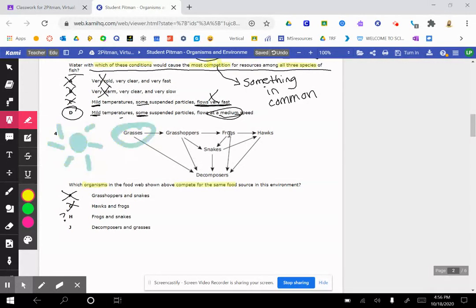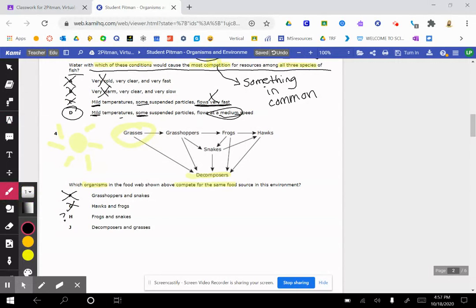Decomposers are breaking down all of these living things once they die, because that's what decomposers do. They break down dead organisms and organic matter for their energy. So because they are not getting energy from the sun, they cannot compete with grasses. So J is not going to work.